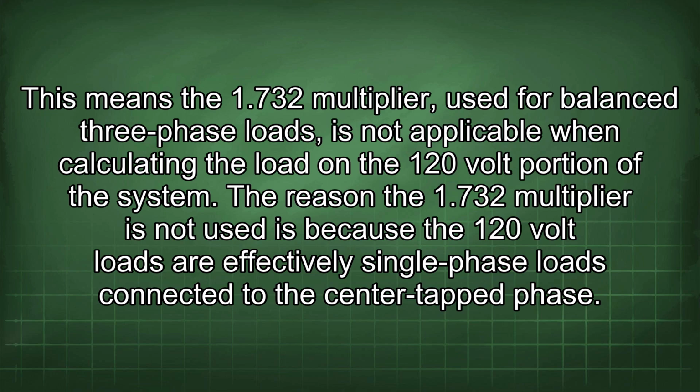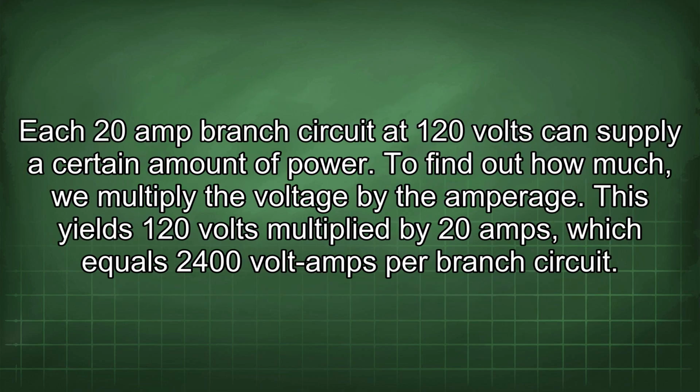The reason the 1.732 multiplier is not used is because the 120 volt loads are effectively single-phase loads connected to the center tapped phase. Each 20 amp branch circuit at 120 volts can supply a certain amount of power. To find out how much, we multiply the voltage by the amperage.